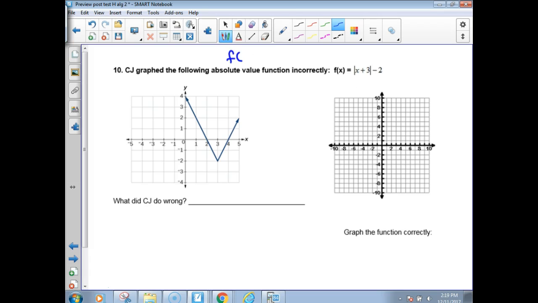That format that we're supposed to know and have memorized over the semester is a times the absolute value of x minus h plus k. All right, you're supposed to already know that, where hk is the vertex. All right, this one, what's wrong with it? He's got the vertex at where? 3, negative 2.